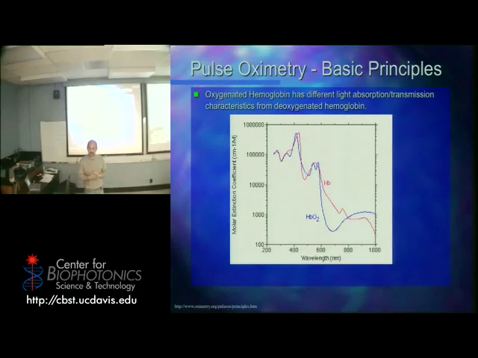Is it absorbed or reflected? Reflected. So if something is more of that color, would you expect it to absorb more light or less light? Less. And here it is, oxygenated hemoglobin is absorbing less in the red than hemoglobin without oxygen.